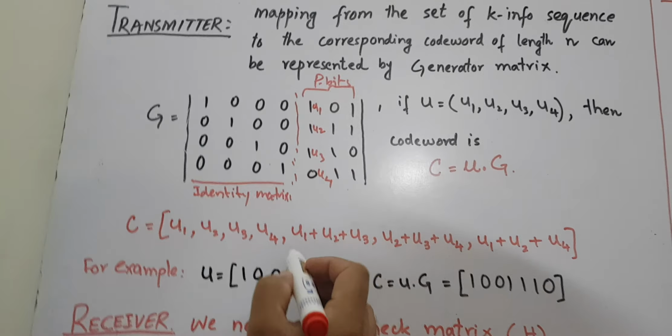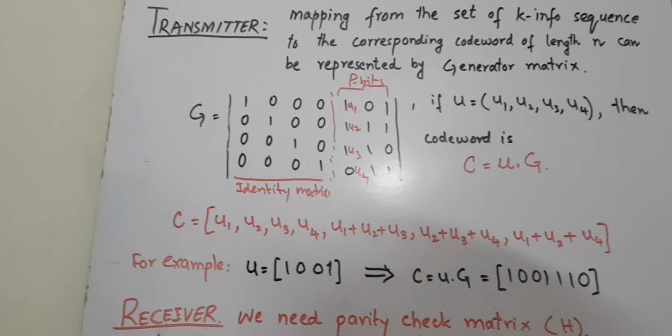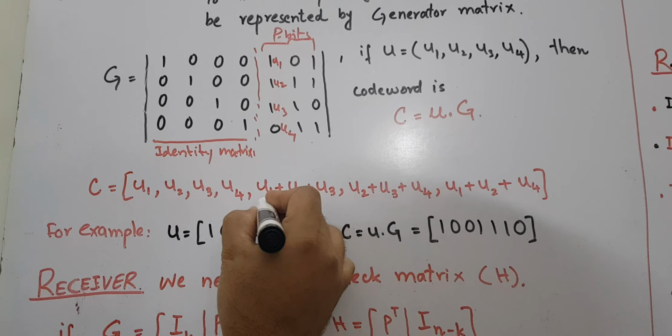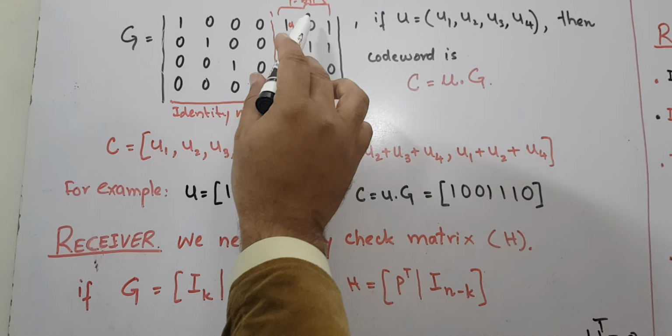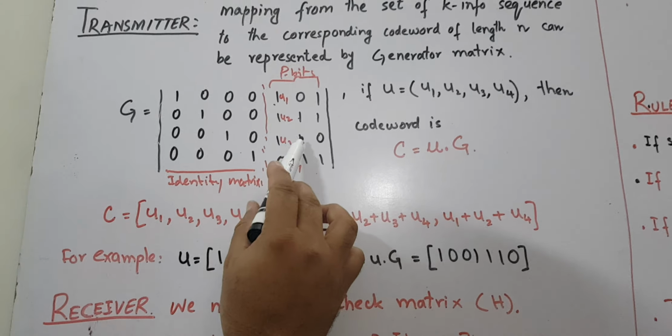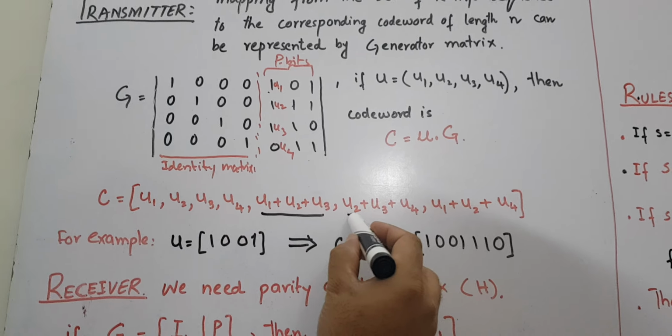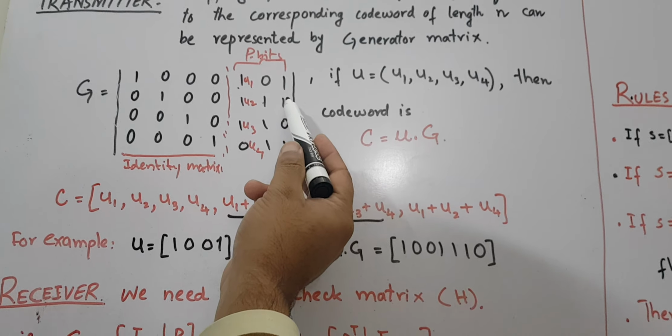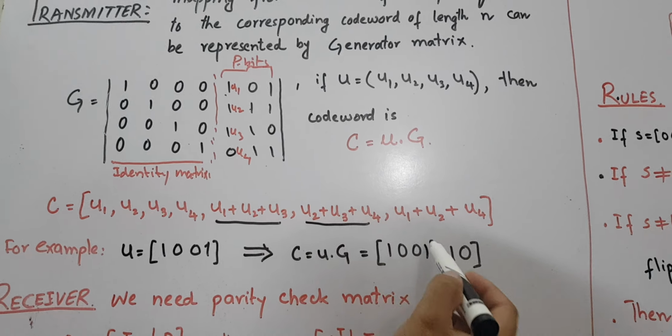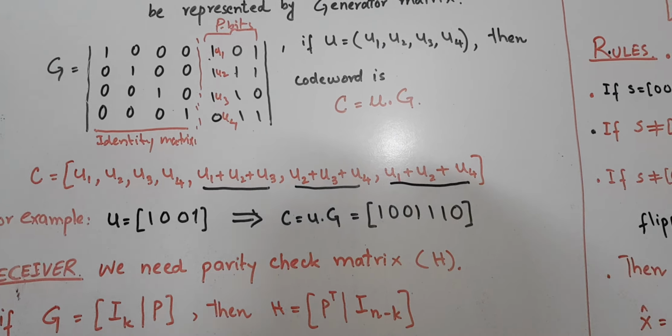So the fifth bit is a parity bit, which is u1 plus u2 plus u3. Similarly, the next one is u2 plus u3 plus u4, and the last one is u1 plus u2 plus u4.